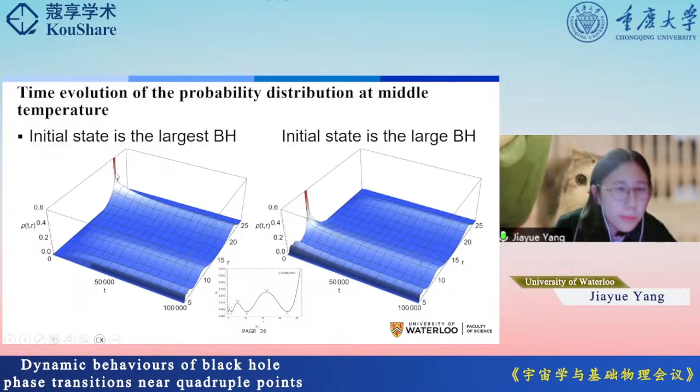So the probability of the other three states gradually increases, and also increases here.